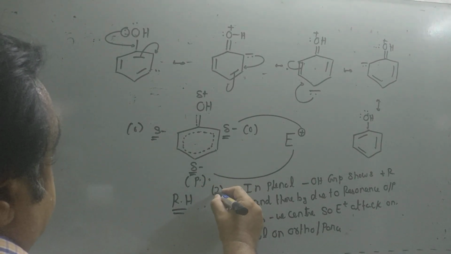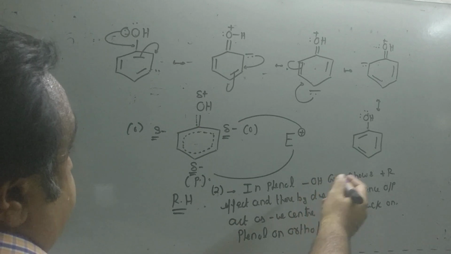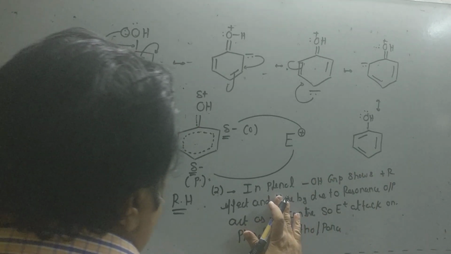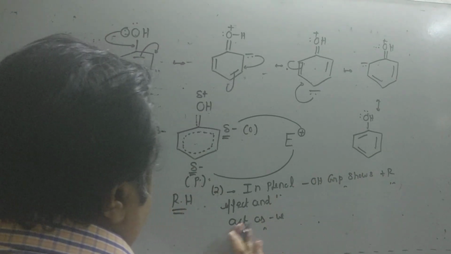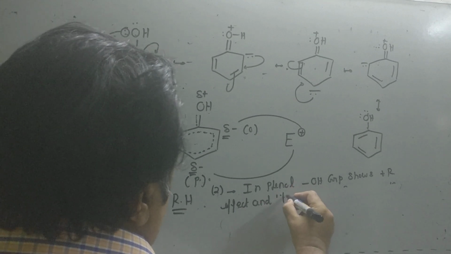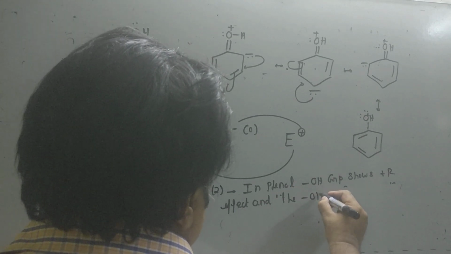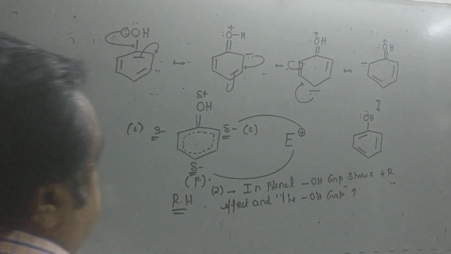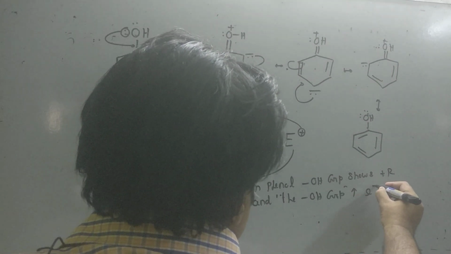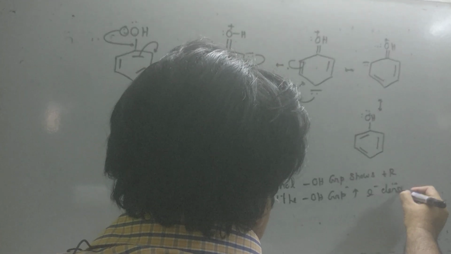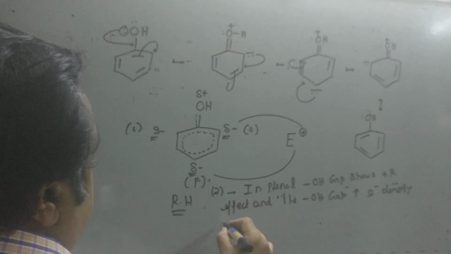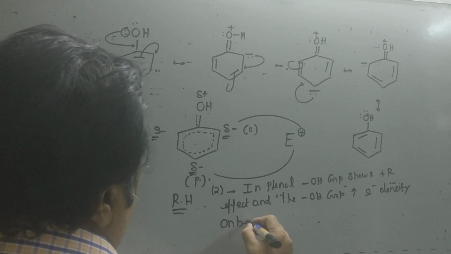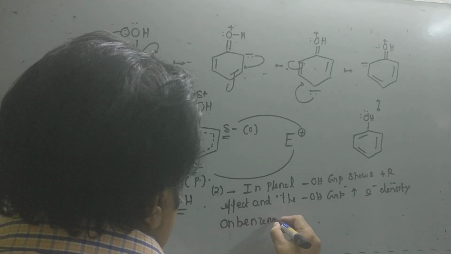We can just modify this one: in phenol, the OH group shows plus R effect, and what happens? The OH group increases electron density on the benzene ring.